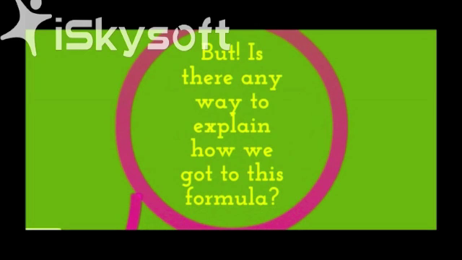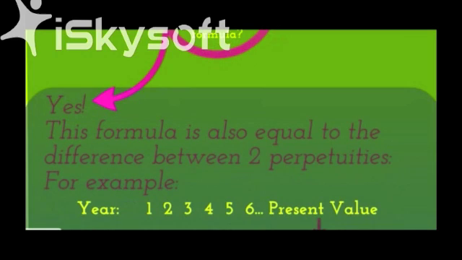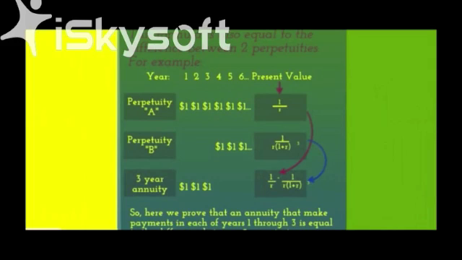But is there any way to explain how we got this formula? Yes, this formula is also equal to the difference between 2 perpetuities. For example, we have a perpetuity A that pays $1 from now till forever, and the present value for that would be 1 divided by r. And we have perpetuity B that pays $1 starting from year 4 to eternity, and that formula would be 1 divided by r times (1 plus r) to the 3rd power.